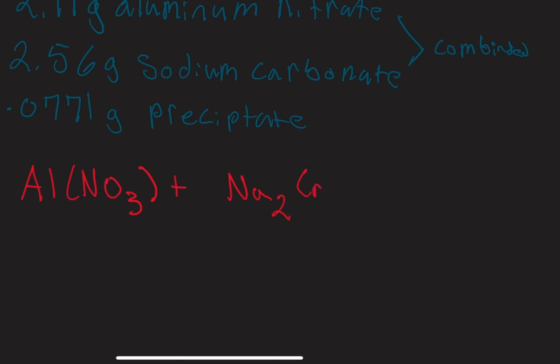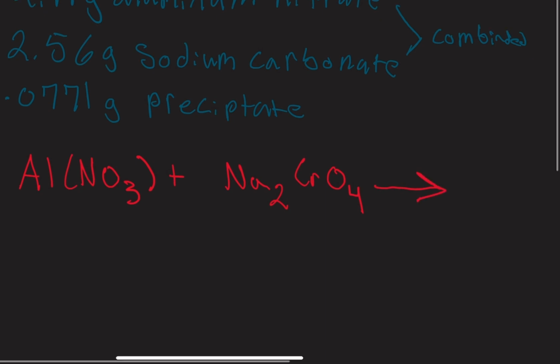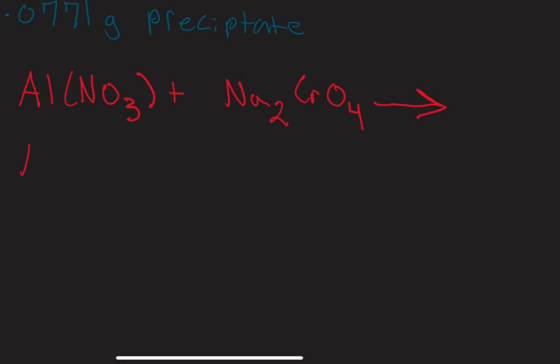Na2 plus CrO4, and then it'll be our product, which is Al2, or not plus, but just the rest of it is CrO4, and then plus Na with NO3.